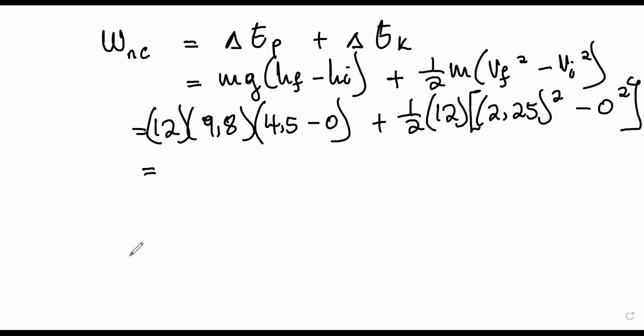So now it's over to the calculator. If you press this into your calculator, you simply get 529.2 for the first part. Pressing the second part, you simply get 30.375.